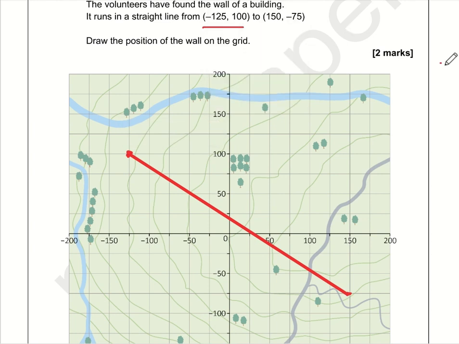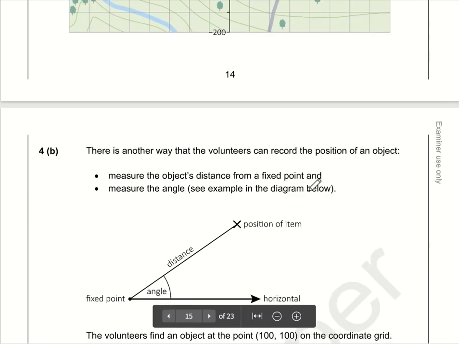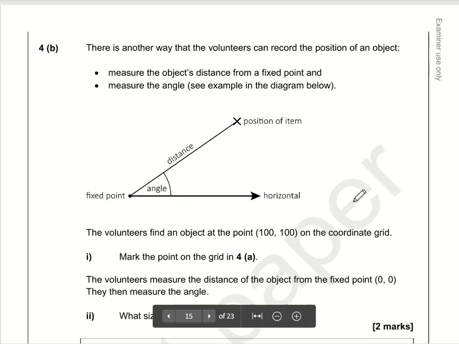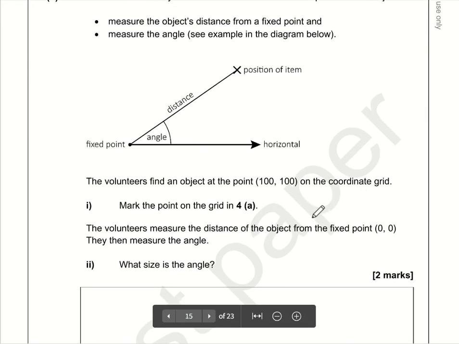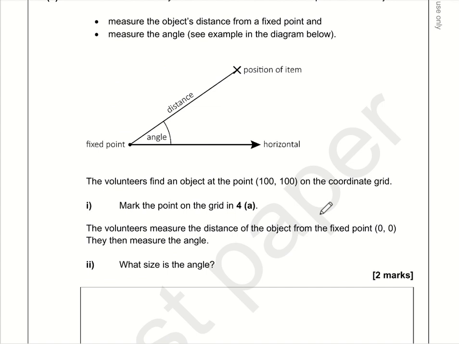Done. Okay. There's another way the volunteers can record the position of an object: measure the object's distance from a fixed point, and measure the angle. The first thing we need to do is, we can see that the volunteers find an object at the point 100, 100, and we need to mark the point on the grid.